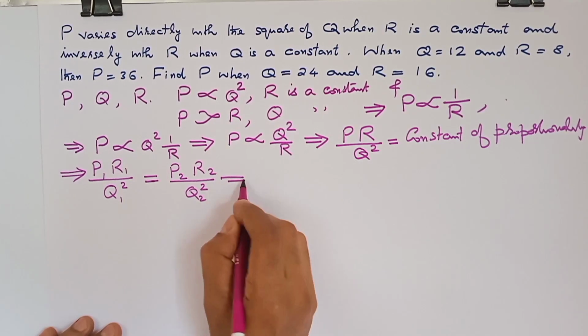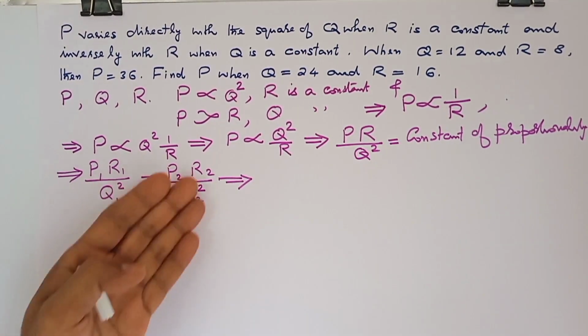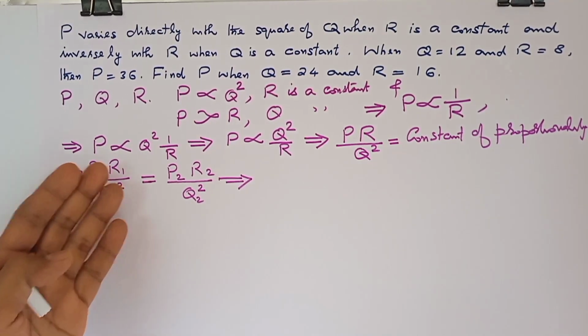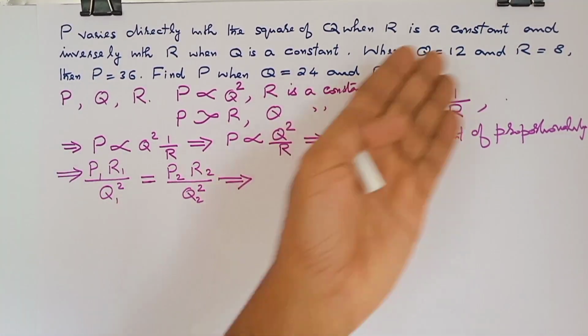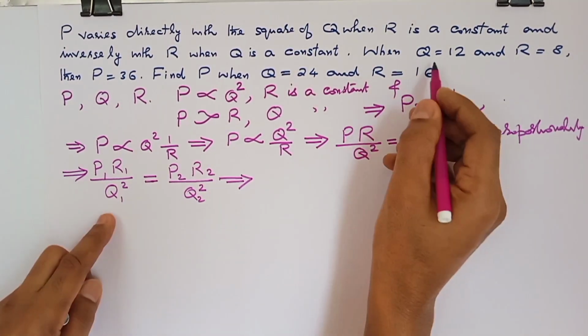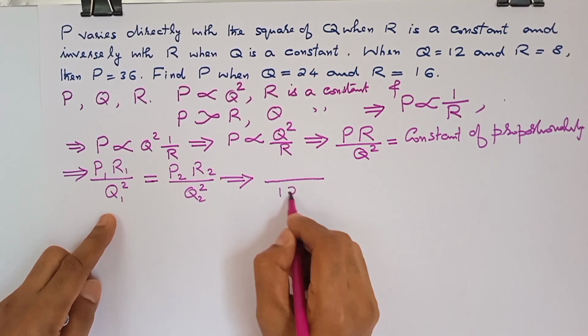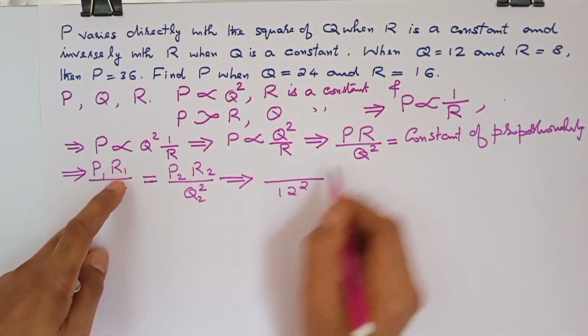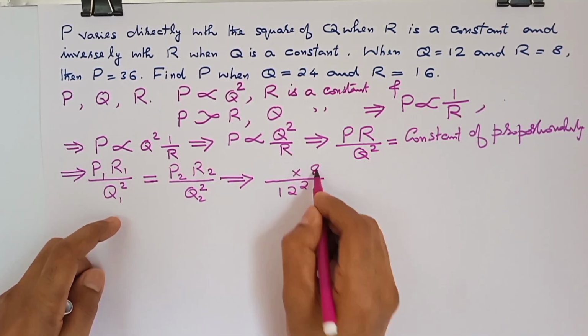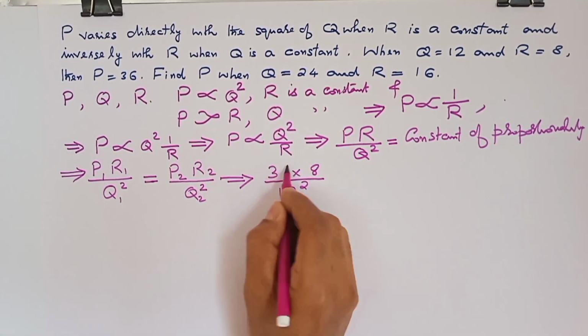And look at the problem here. As you can see, it looks like there are 6 quantities to be determined, out of which 5 are given in the problem. When Q equal to 12, 12 comes here. R is given to be 8 and corresponding value of P is 36.